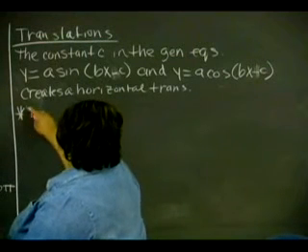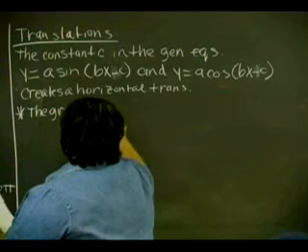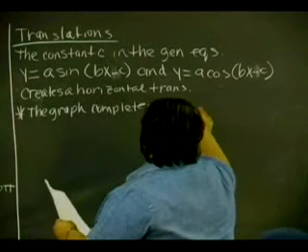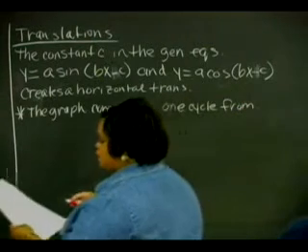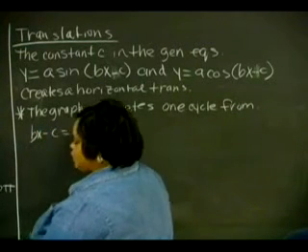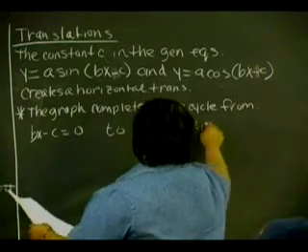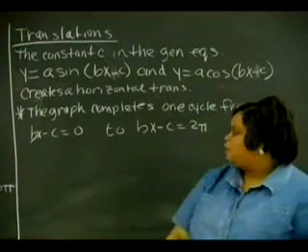The graph completes one cycle from bx minus c equals 0 to bx minus c equals 2 pi. Why is it bx minus c equals 0 and 2 pi?